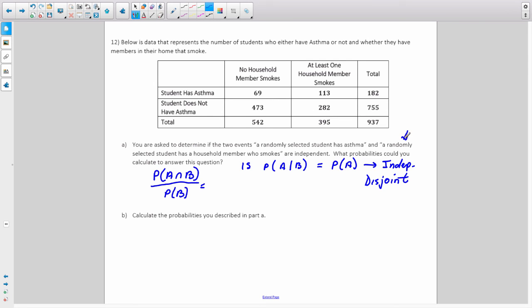So what's the chance of asthma having already picked a smoker? So my B is going to be having already picked a smoker. So where is smoker and asthma intersecting? This is smoker, right? Here's asthma. Okay, 113 out of 937.